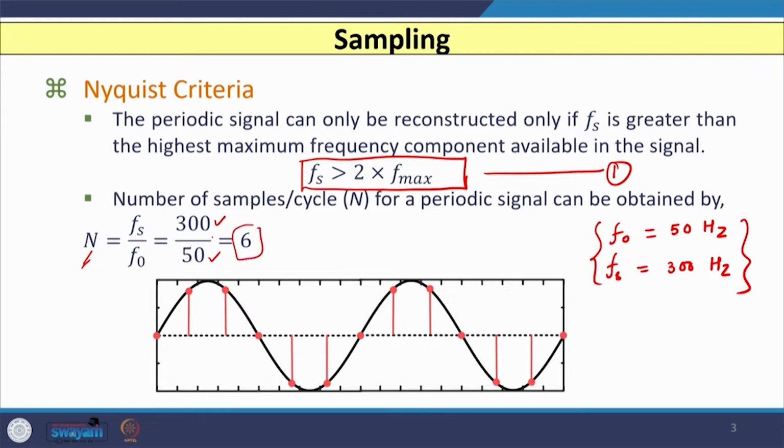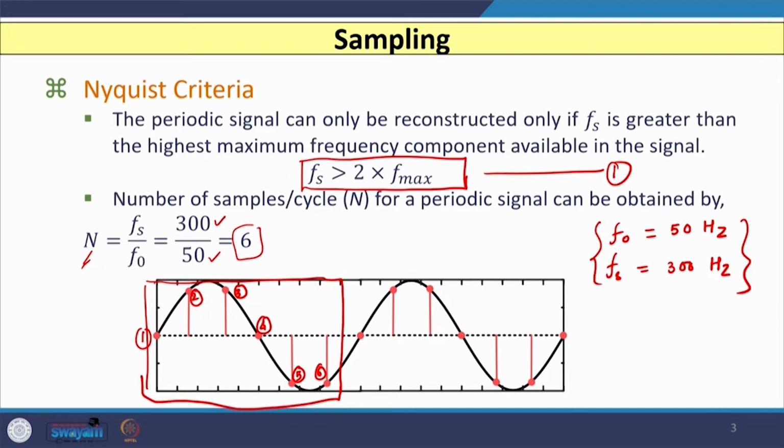You can see here in the waveform, this is the first sample, the second sample, the third sample, the fourth sample, the fifth sample, and this is the sixth sample. So in one cycle we are going to acquire 6 samples.